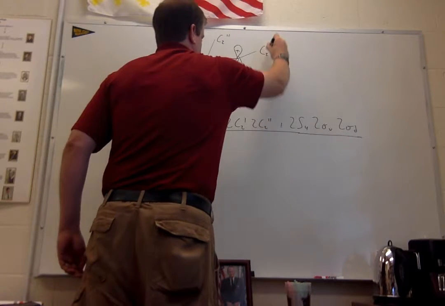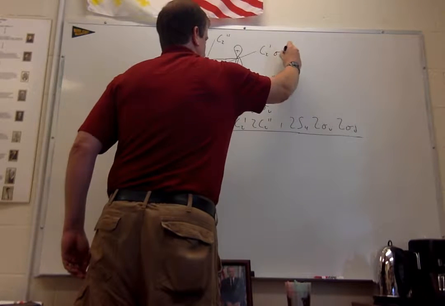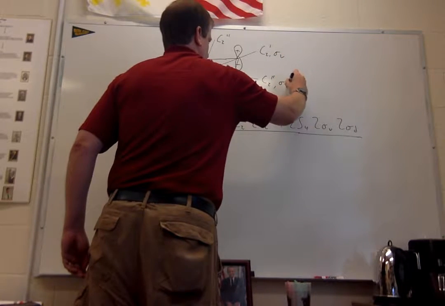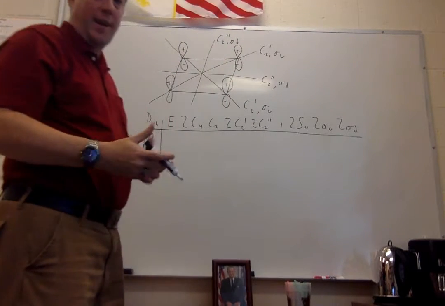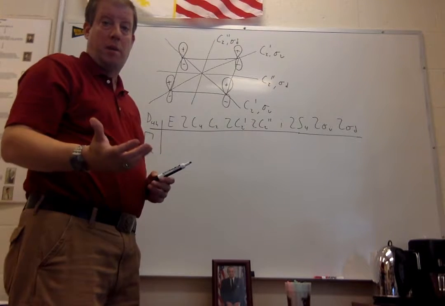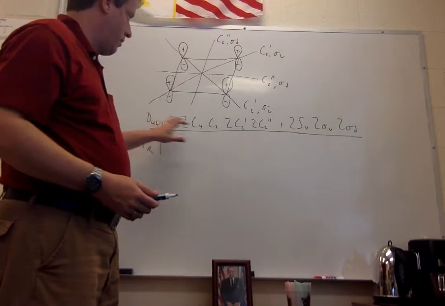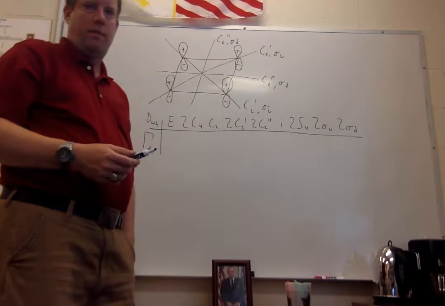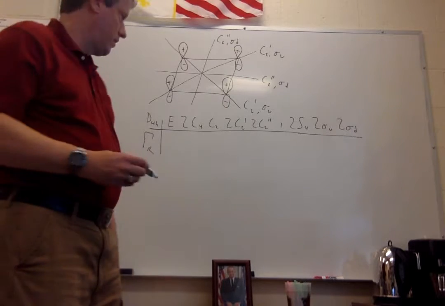These are the C2 primes that do. Those also then will be the locations of the sigma v's, which contain the C2 primes, and the sigma d's, which contain the C2 double primes, consistent with the way that we've been doing it. Let's then generate our reducible representation as follows.